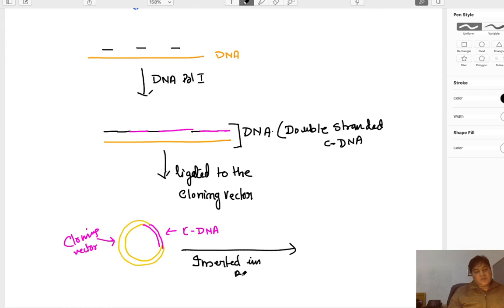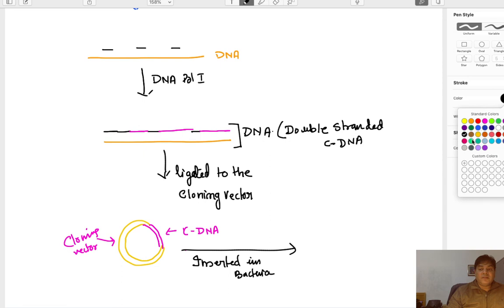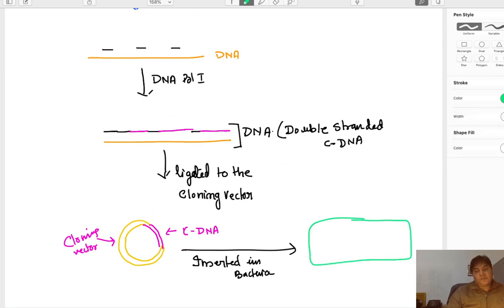Like this, for one gene we can do, and for other genes also which are being expressed, we can develop a cDNA and then ligate this cDNA in some bacteria, and this cDNA is now present inside this bacteria.